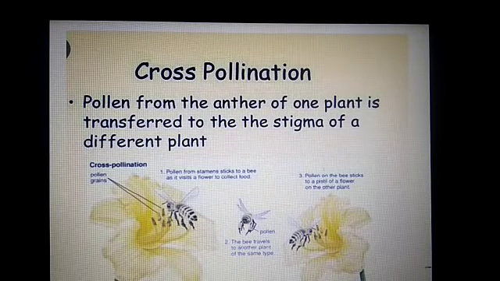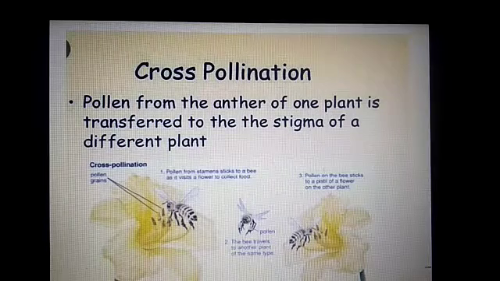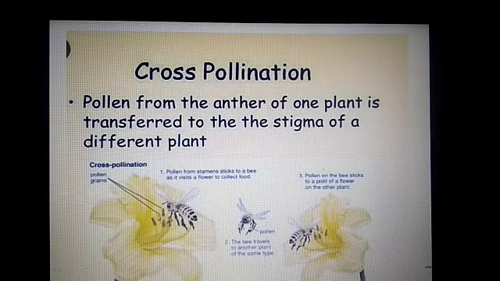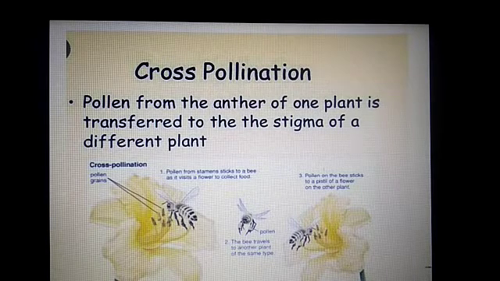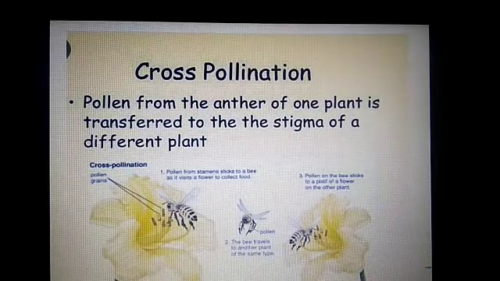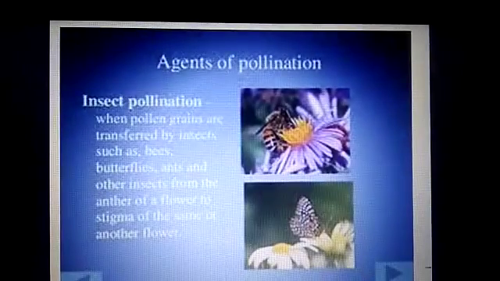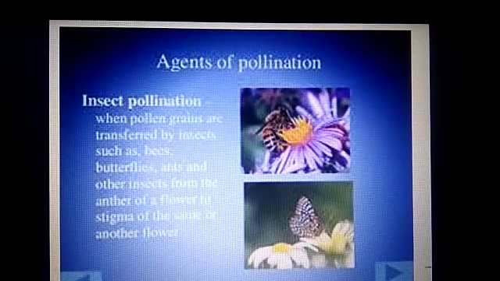And these are scented, meaning they give a nice odor so that insects locate the flowers by smell. And these contain nectar as food for insects. So one agent of cross-pollination we discussed is insect pollination.